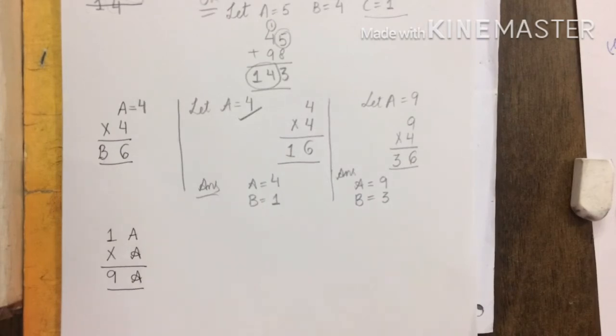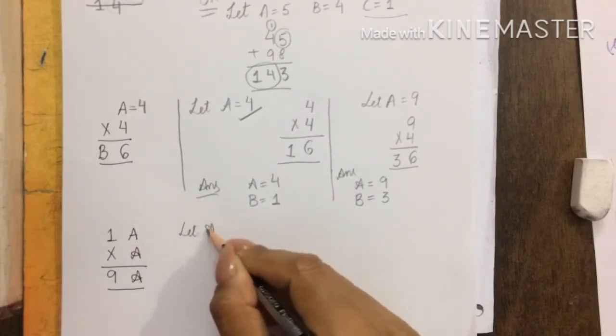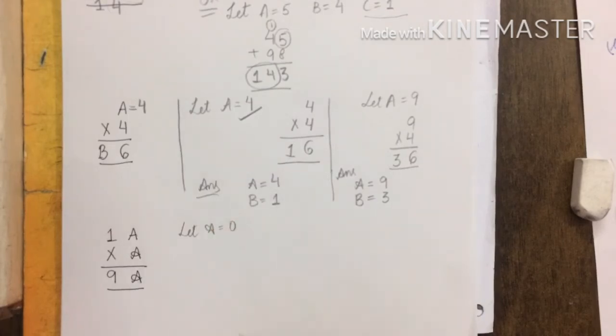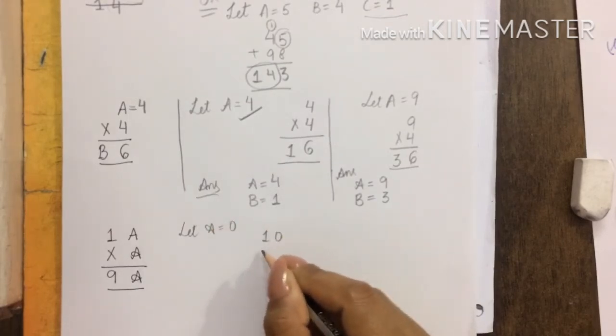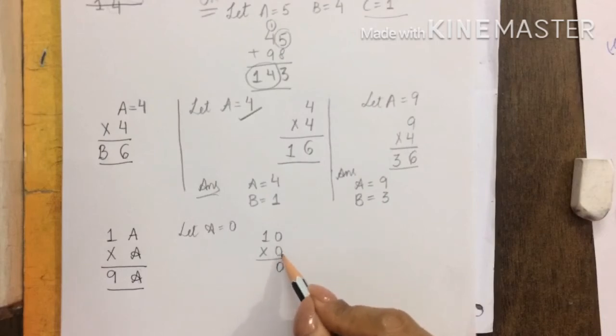One such value is 0. So 0 multiplied with 0 will give you 0. So let A equal 0. In that case, my problem looks like this. Now, what happened here: if I use 0 at these 2 places, the first column at the ones place works completely fine.